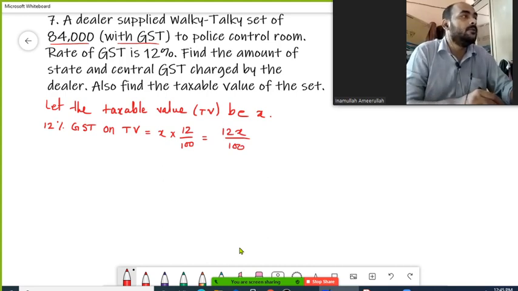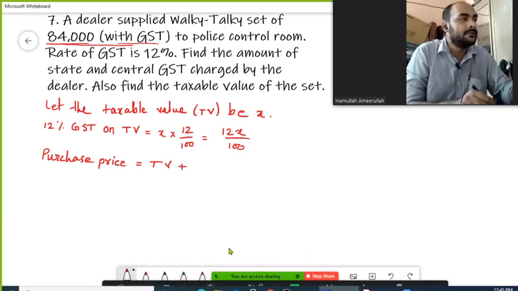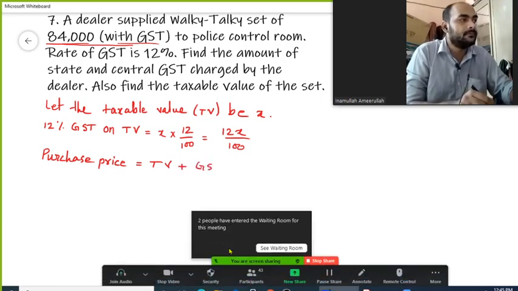According to the question, the purchase price including GST is 84,000. So we know that purchase price is actually taxable value plus GST. Purchase price is 84,000.